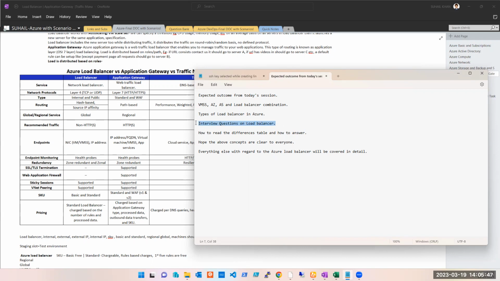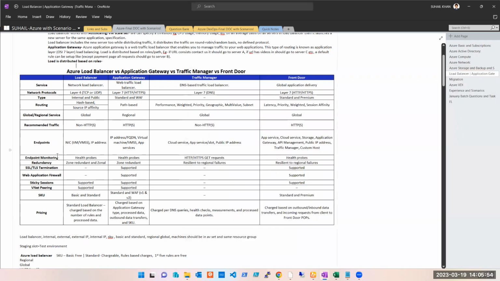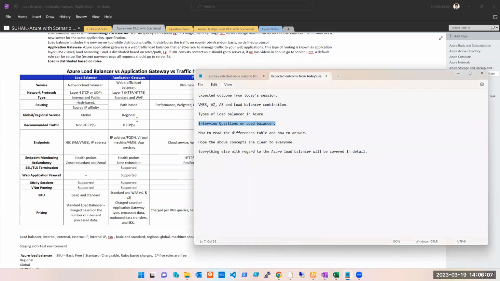Interview questions we discussed. I hope I explained it well, what interview questions we might have in our interviews related to load balancer. They might ask the differences, they might ask routing methods, they might ask SKUs. So I also explained how to answer. I told you not to read keywords. I explained how to answer. So any difficulty in these 2 points?